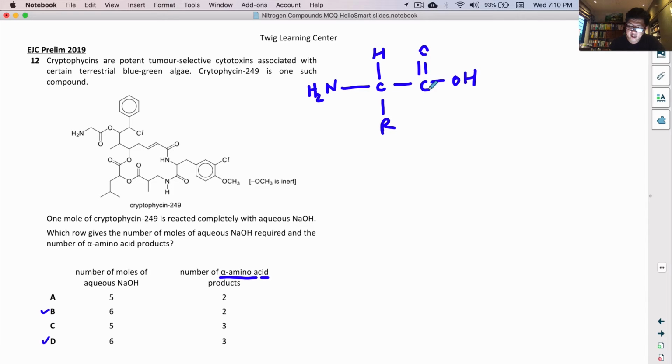It must only have one carbon, called the alpha carbon, between the COOH and the NH2, and of course you have the R group. I'm going to show you where they are after hydrolysis.